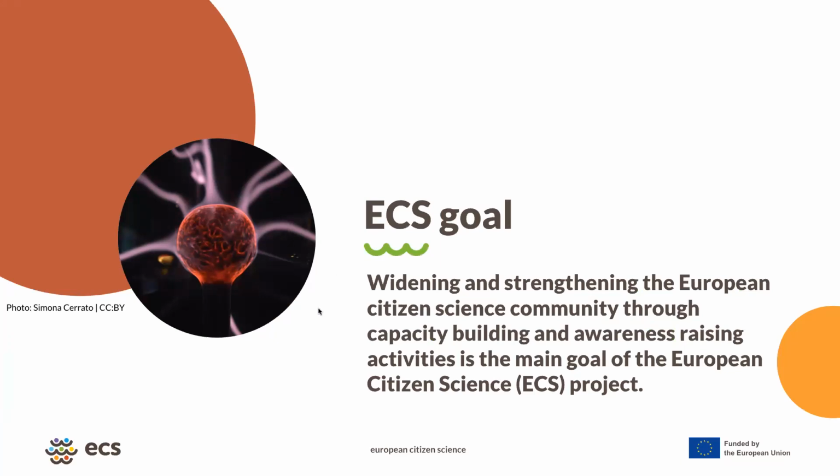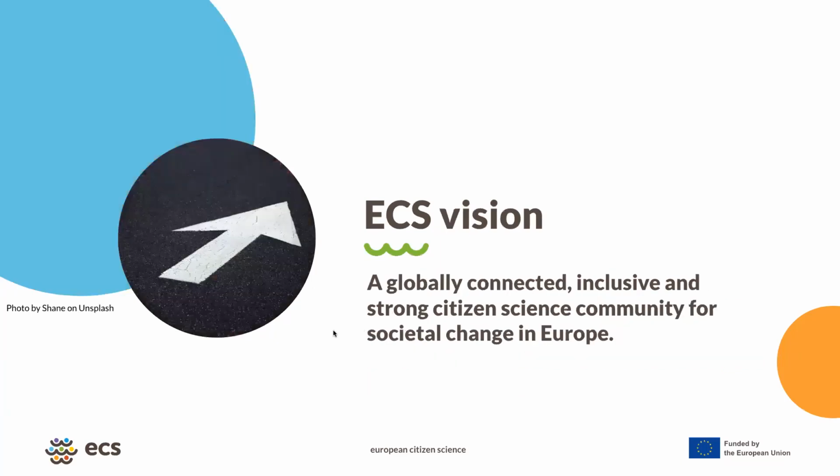Capacity building is, for example, building infrastructure for citizen science, which we are doing with the development of the European Citizen Science Platform. And we do that with the vision of a globally connected, inclusive, and strong citizen science community for societal change in Europe.